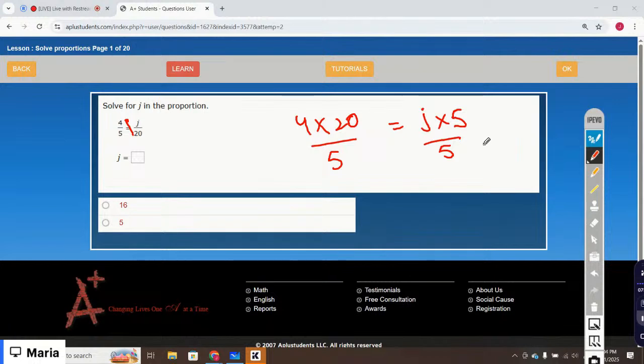Divide both sides by 5. 5 times 4 is 20 and 4 times 4 is 16. Option number 1 is the correct option. That is j equals 16.